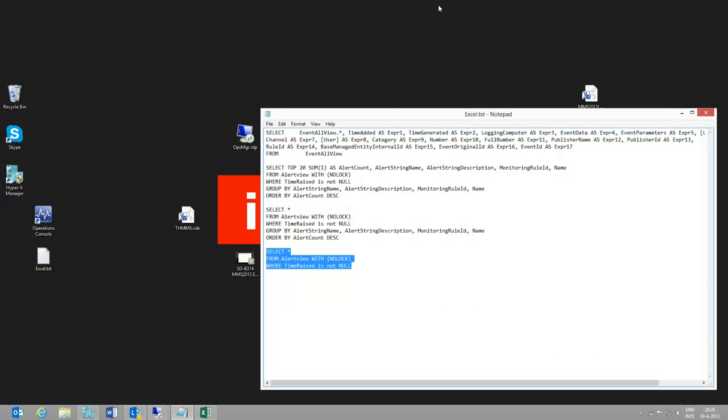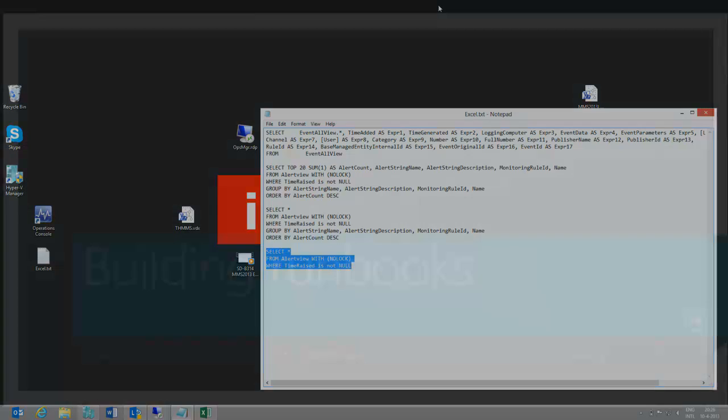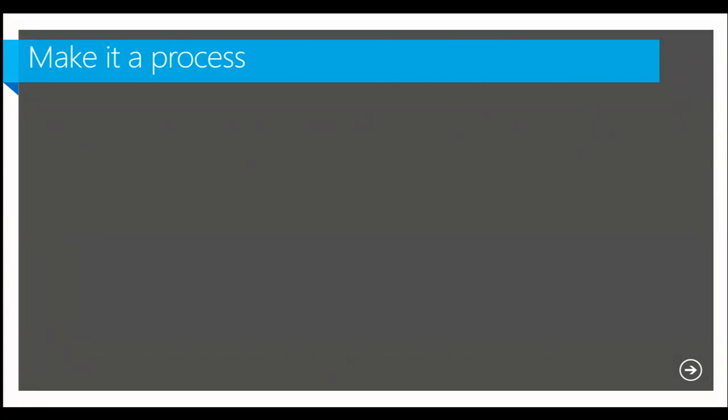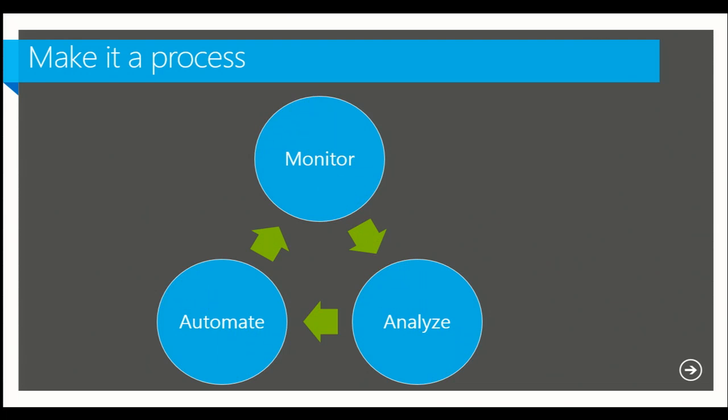Okay, let's go back to some slides again for the last few seconds. What I already told you: make this a process. Make sure you analyze your monitoring. You monitor your stuff, business service style. You look at what is coming out of your monitoring to analyze it and make sure you make time and reservations to automate it.